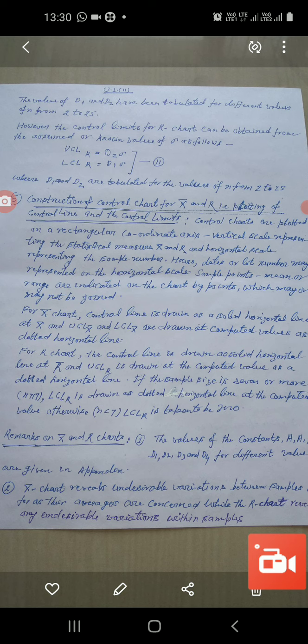Control charts are plotted on a rectangular coordinate axis. The vertical scale represents the statistical measures X bar and R, that is mean and range, and the horizontal scale represents the sample numbers.